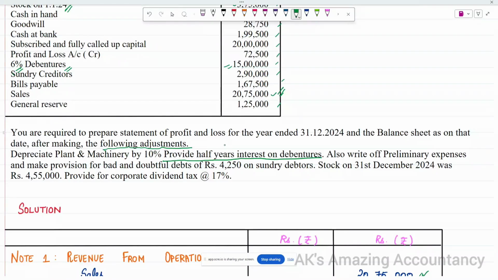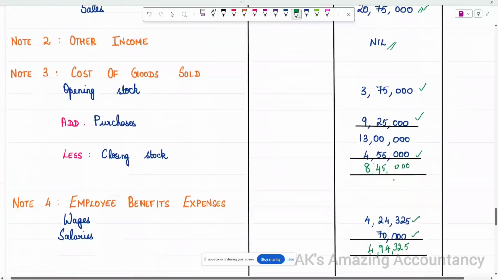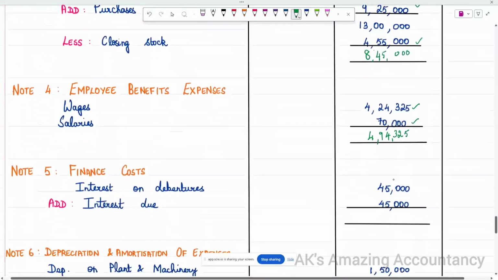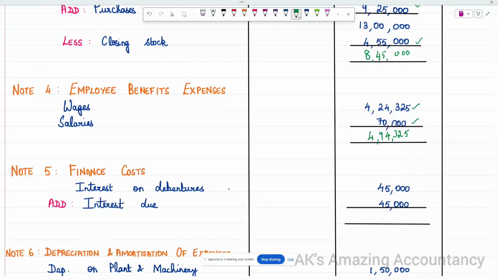Half year means how many months? 6 months. So we have to calculate outstanding debenture interest for 6 months. So let us do it now. Under finance cost, interest on debentures, this is what is already given as paid. Okay, interest on debentures paid is 45,000. Add interest due, that is outstanding.